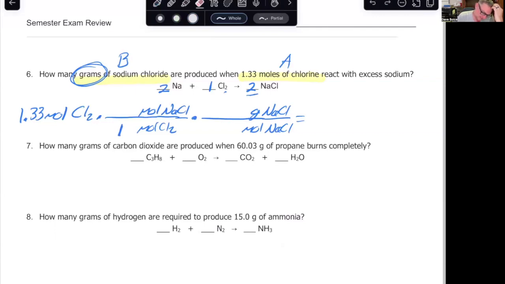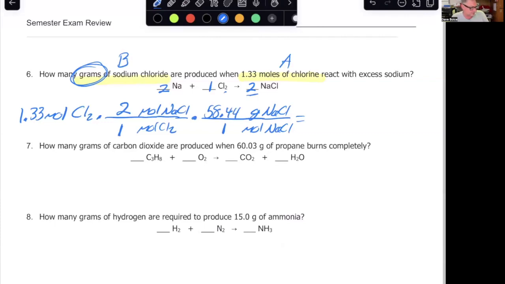So let's put a 2, if I can get it to cooperate. 2 NaCl, and 1 mole of NaCl. If I add up a sodium and a chlorine, that comes up to 58.44 grams per mole.